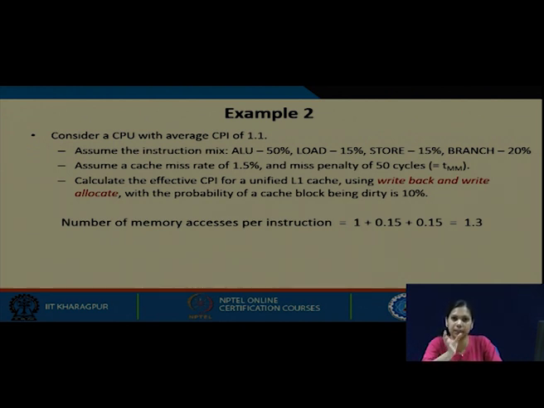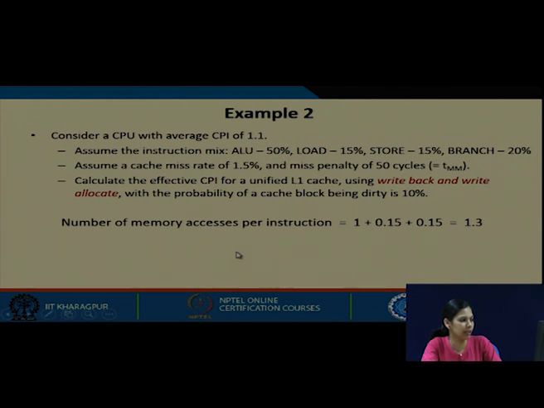That means we must have a space in our cache memory to write that particular thing. The probability of a cache block being dirty is 10%, and we assume that 10% of the time the cache block will be dirty, and if the cache block is dirty, we know what we need to do. In that particular case, we have to write back the data into the main memory, and then we have to again read or write whatever we need to do next.